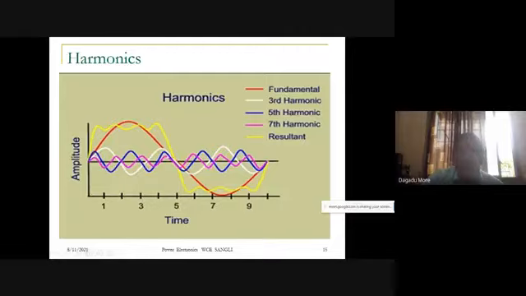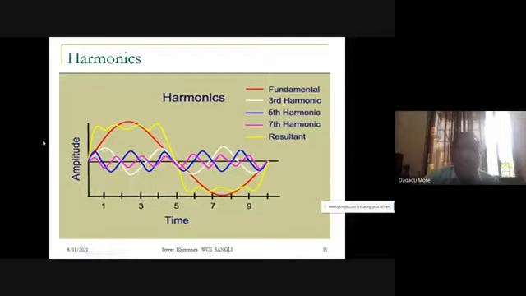The blue waveforms are the fifth and seventh harmonics. So a non-sinusoidal waveform can be resolved into a composition of a number of sinusoids.